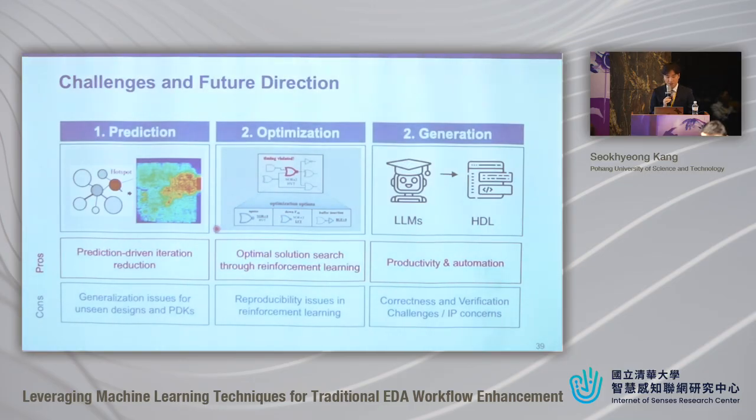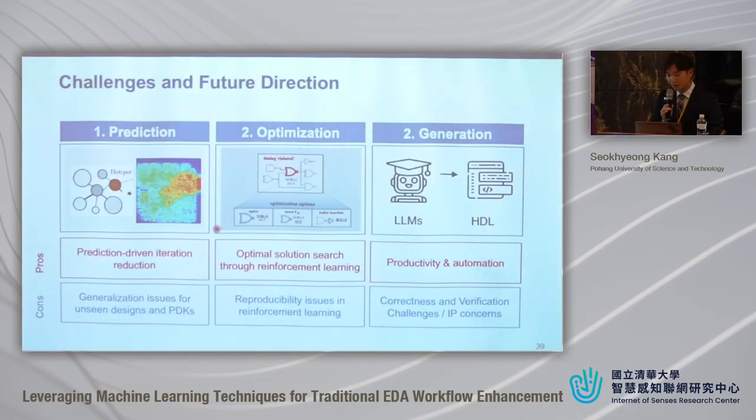However, there is still a generalization issue for unseen data. If we train the model with some data or some technology node, then that model cannot be used for totally different unseen data or a different technology node, right? So that is the big problem.